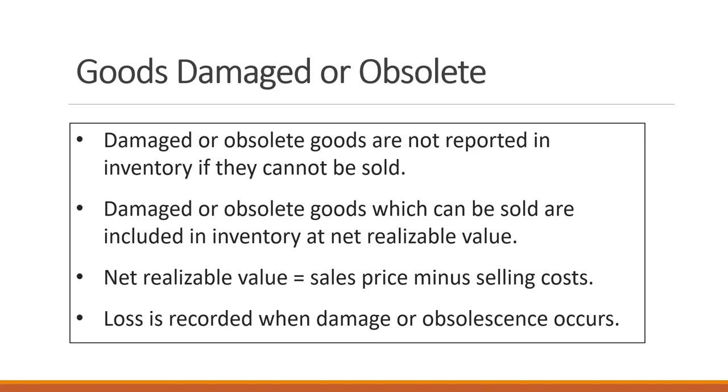The same thing as if it is obsolete and we can no longer sell it, even if it's in good condition, but the technology is so obsolete that we cannot sell that inventory, or it's well past a sell-by date, then we would also record a loss for the disposal of that inventory.